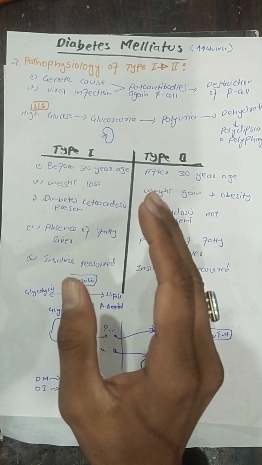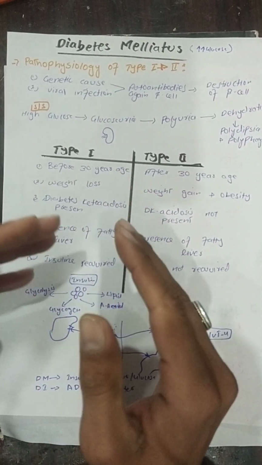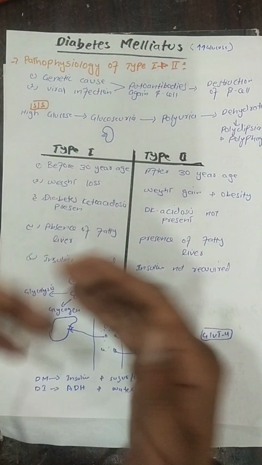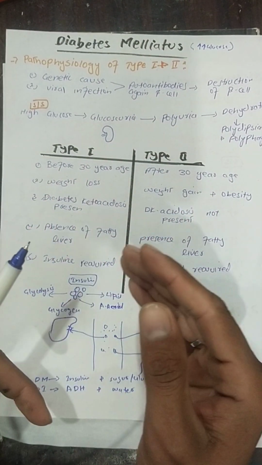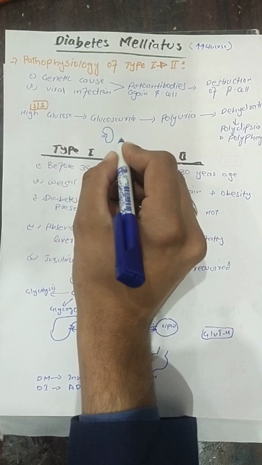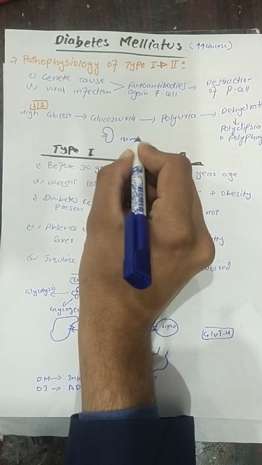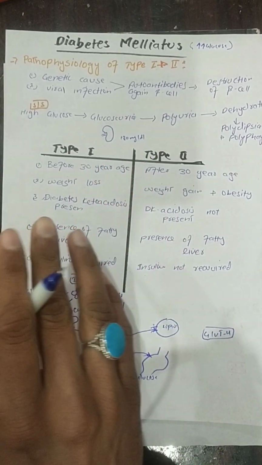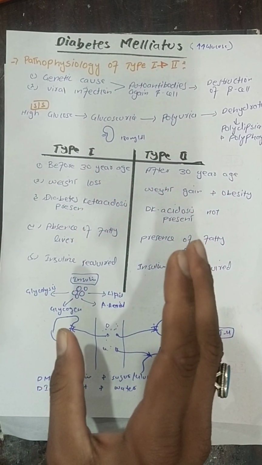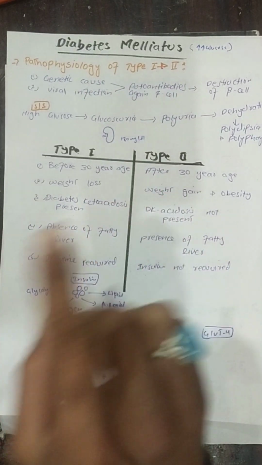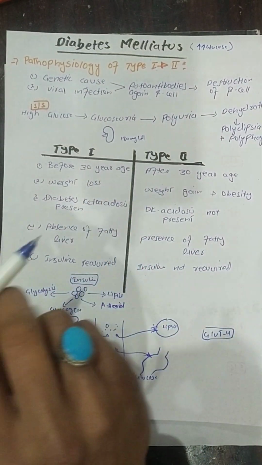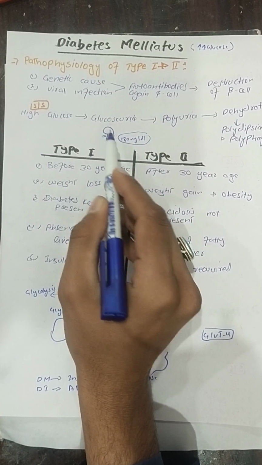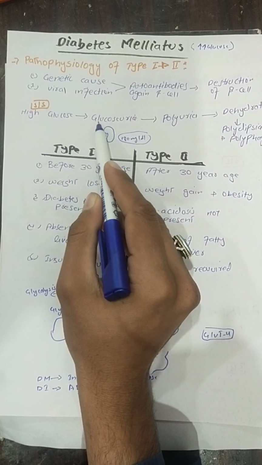If the glucose level increases above the transport maximum and the renal threshold value, which is 180 milligrams per deciliter, the glucose will come into the urine and cause glucosuria.